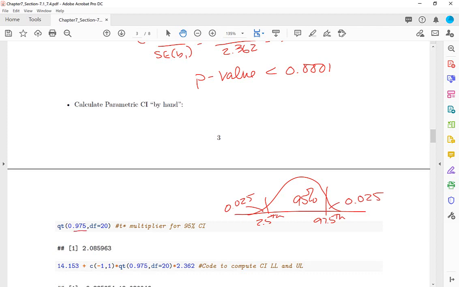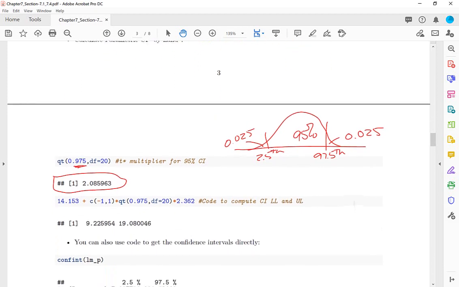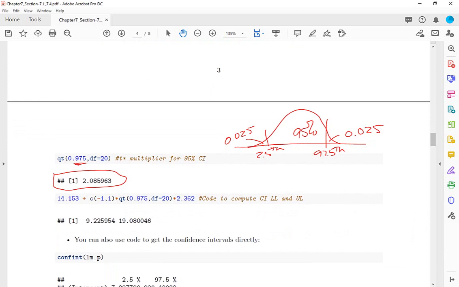So using the quantile 0.975 gives us the multiplier with 20 degrees of freedom. So we have 22 for our sample size. And this is the multiplier we're going to use to find the 95% confidence interval.